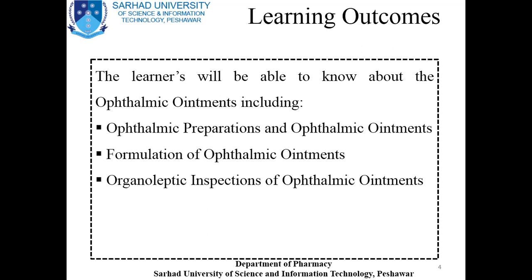The ophthalmic ointments are inspected rather than the other testing procedures, which are also mandatory for any dosage form, including the assay or percent content, weight uniformity, and the bottle or the collapsible tubes regarding the ophthalmic ointment, and several other parameters like the viscosity, and finally the packaging of ophthalmic ointment.